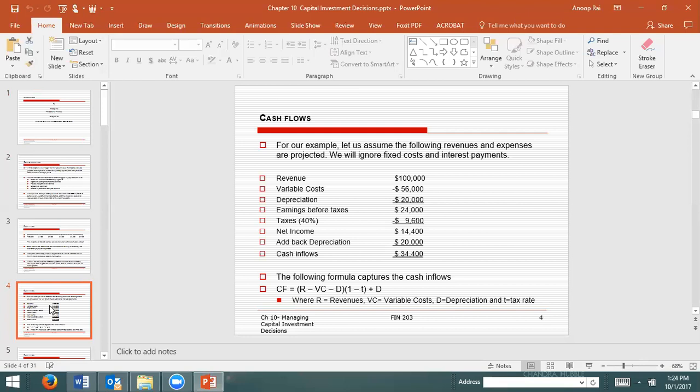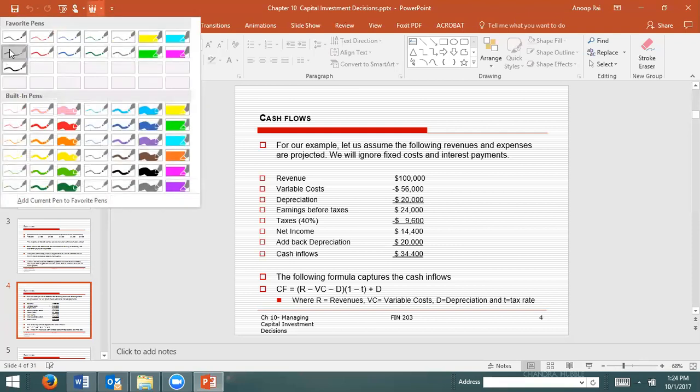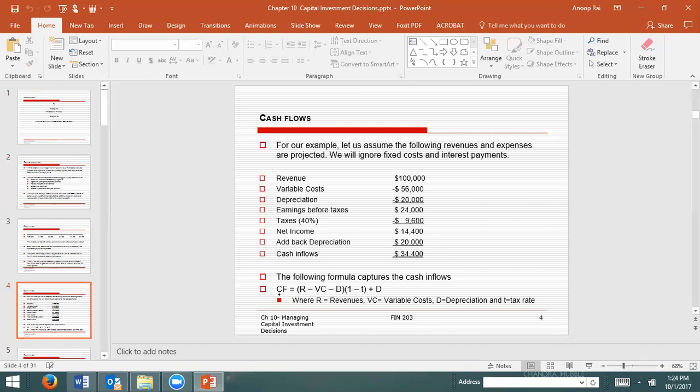Now for our analysis, we don't have to actually write it down this way. We can also do it as an equation. So for example, the same thing can be written as follows. That is, the cash inflow is revenue minus variable costs minus depreciation, take away the taxes, and add back the D. We're using R for revenue, but you can also use S, since technically it's sales revenue.